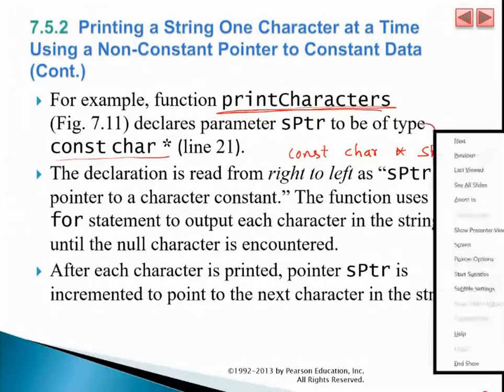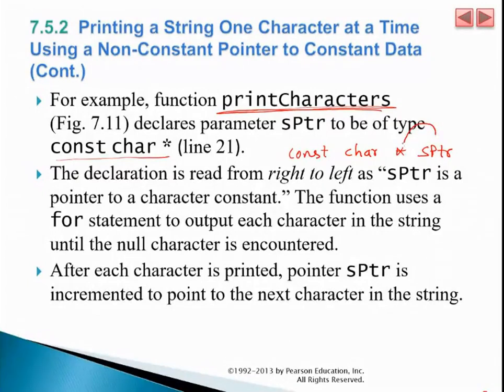sptr is a pointer to a character constant. It says that sptr is non-constant. It is just a normal pointer which is pointing to a character constant.